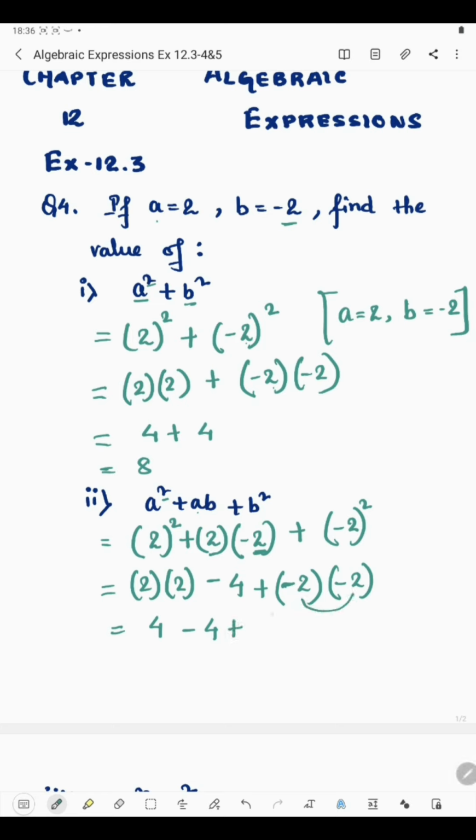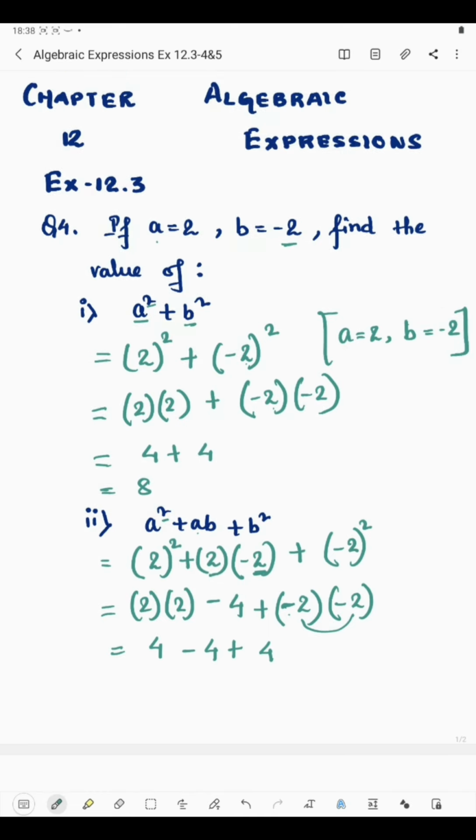Now 2 into 2 is 4 again, and since there are two negative signs, it will be positive. Now here plus 4 and minus 4 will cancel, so 4 minus 4 is 0. So the value of this expression will be 4.